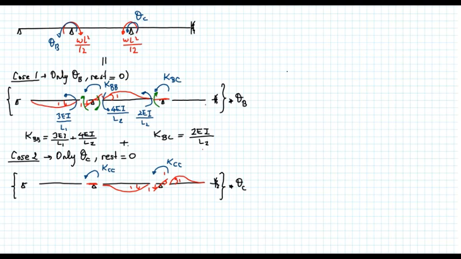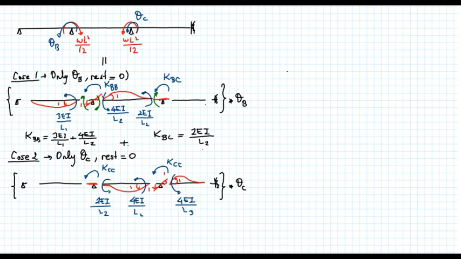Use the slope deflection equations and calculate the moment. So I have a unit rotation at this end. So this moment is equal to 4EI over L2, and that moment is equal to 2EI over L2, and due to that unit rotation, this moment is 4EI over L3.